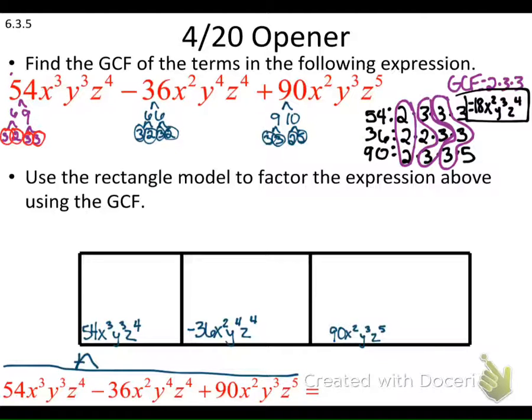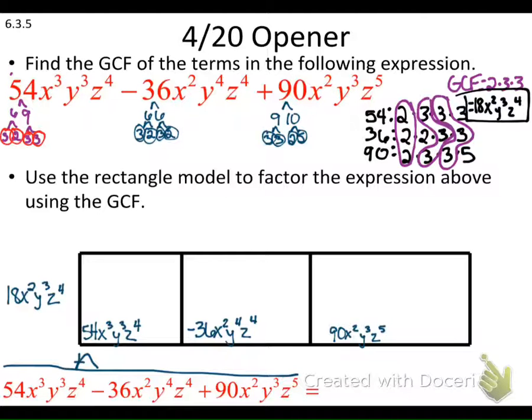Okay, now my greatest common factor that I got, where am I going to plug that in at? The height, right? So remember, my height is going to go on this very left side, so I can plug that in here: 18x squared y cubed z to the 4th.